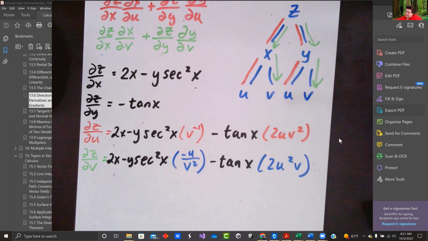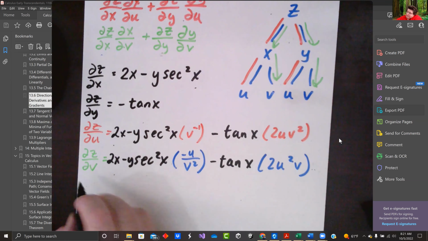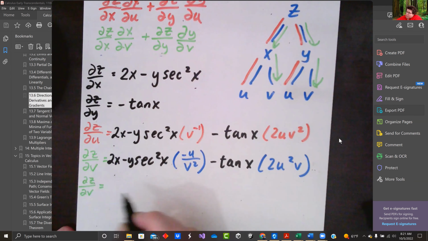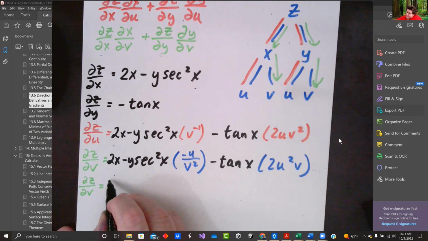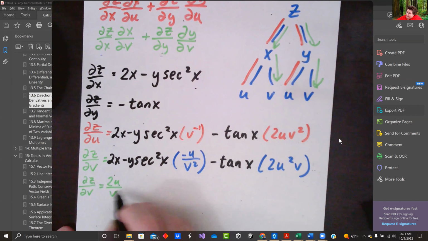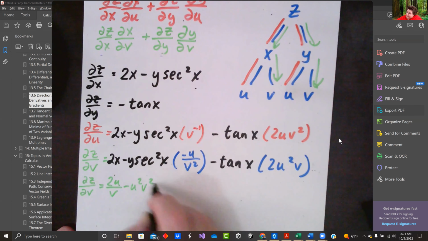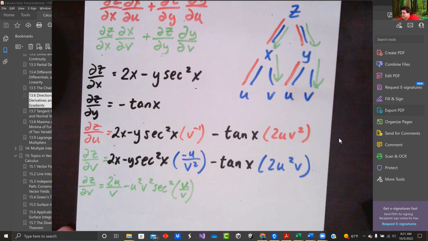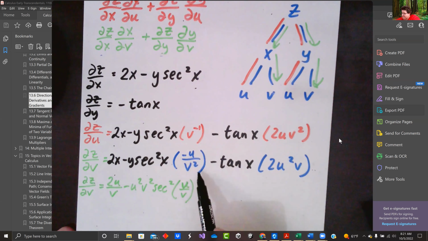So dz du, well, I'll start with dz dv because it's at the bottom. X was u over v, so this is 2u over v minus u squared v squared secant squared u over v. Then I got another negative u and a v squared.